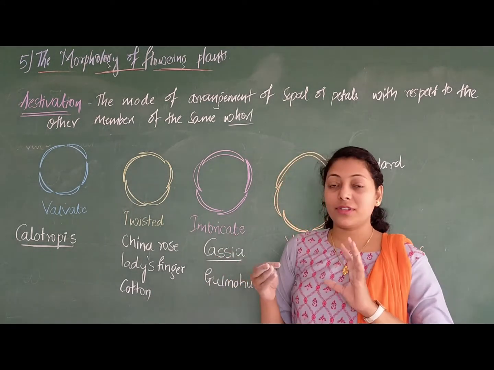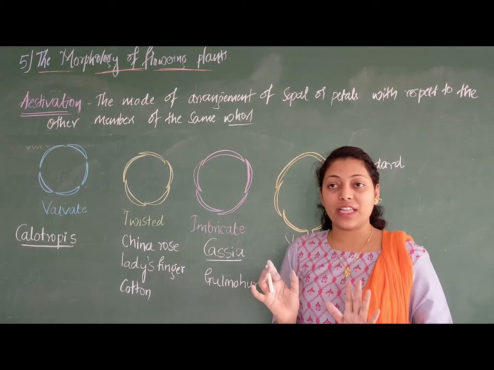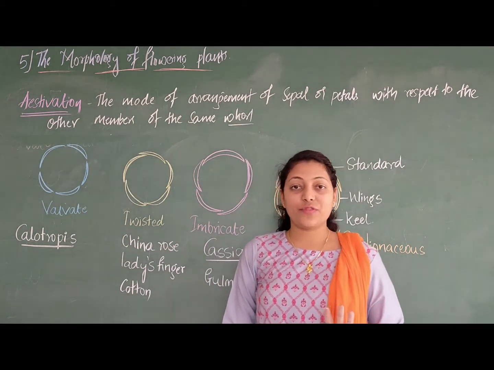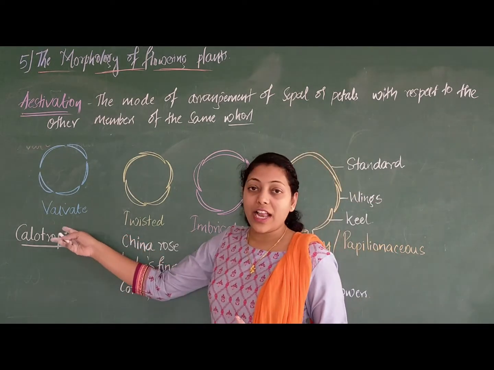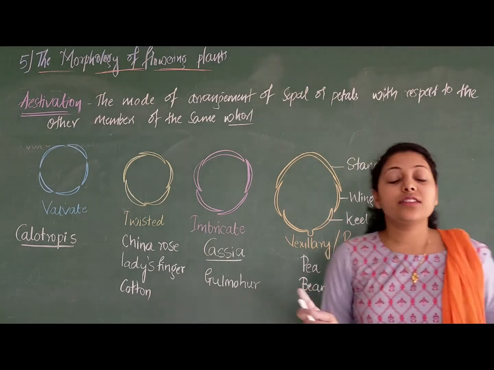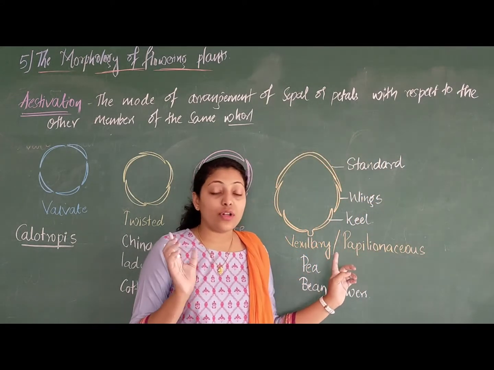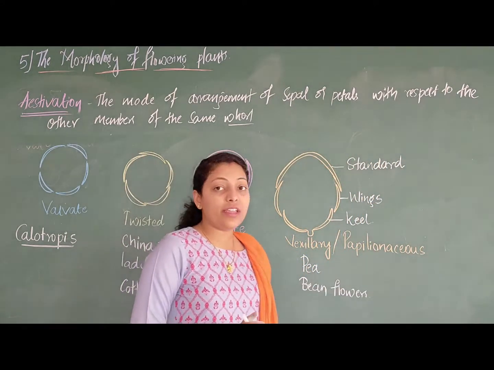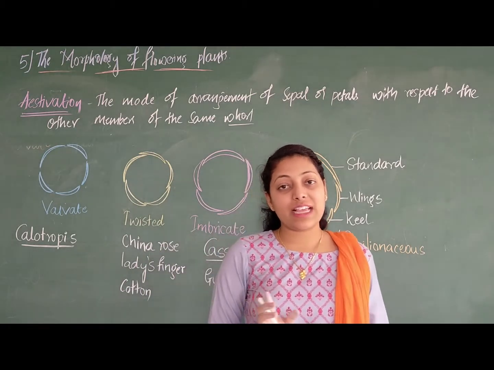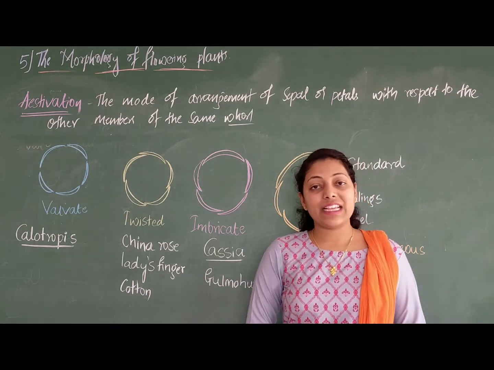I hope the difference is clear to each and every one. There are 4 different kinds of aestivation: valvate, twisted, imbricate and vexillary. Vexillary aestivation is also termed papilionaceous aestivation.